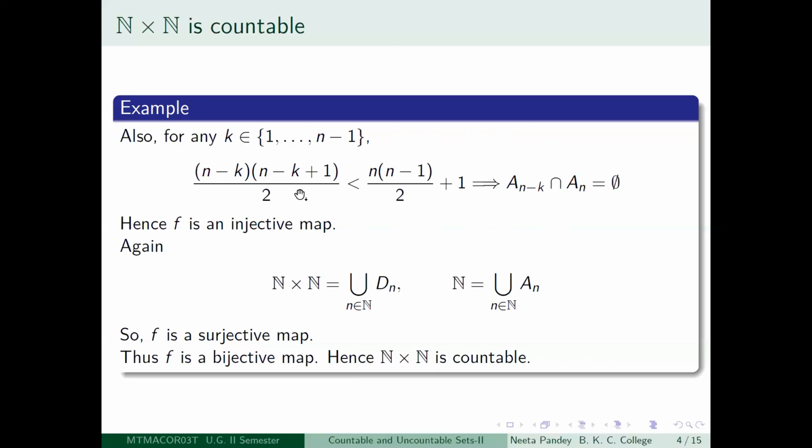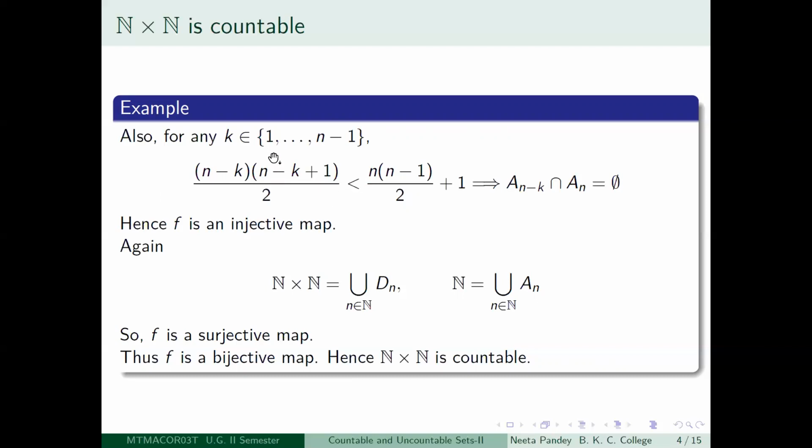So it is how much? 1 plus 1, so this is 2. So when you put n minus 1, it won't be the maximum, I am sorry, because we have a negative sign here. It will be the minimum value which it will take, and when you put k equal to 1, then you will get the maximum value, that is n minus 1 into n minus 1 plus 1.